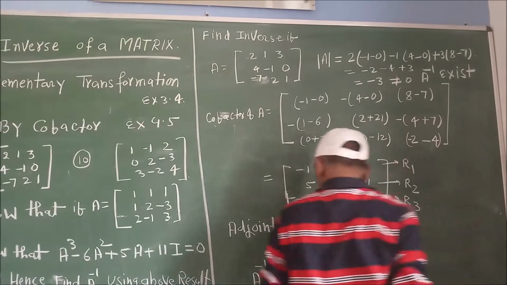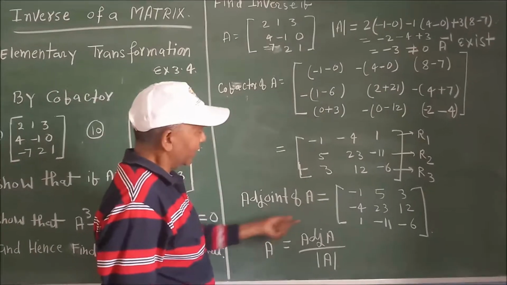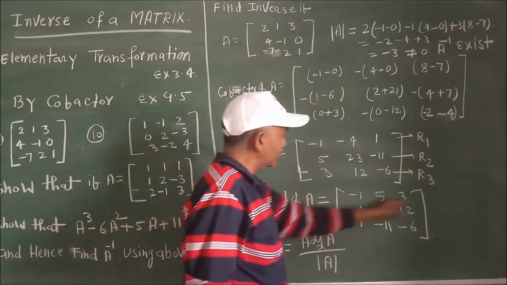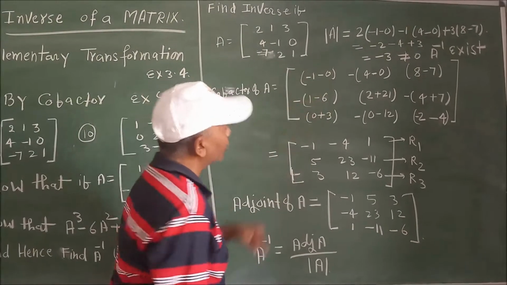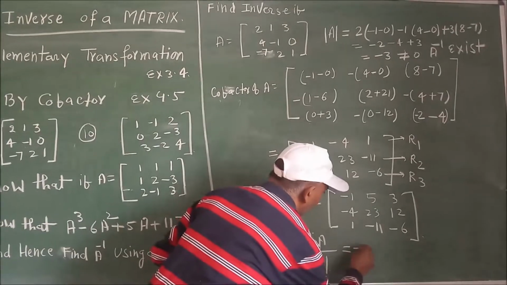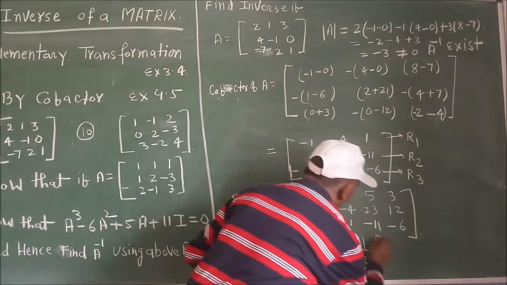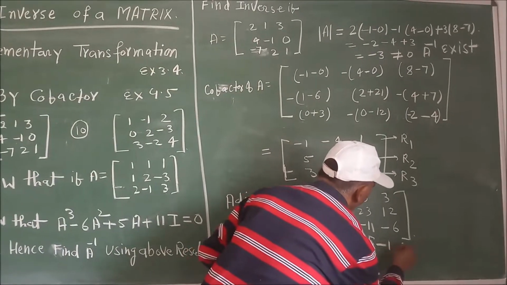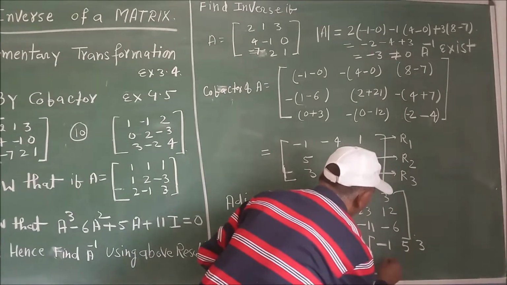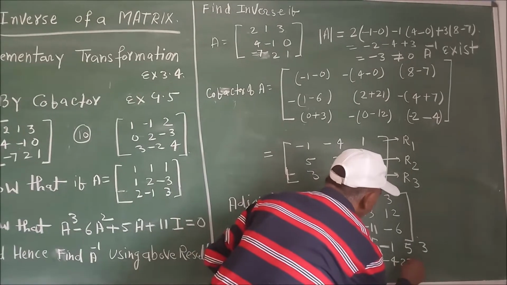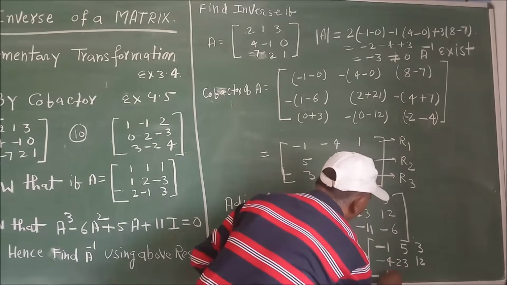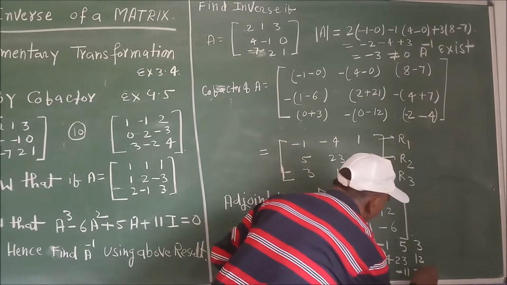So what is the inverse of this matrix? Simply divide this adjoint by the determinant of A. So this will be equal to minus 1 by 3 into [minus 1, 5, 3; minus 4, 23, 12; 1, minus 11, minus 6].